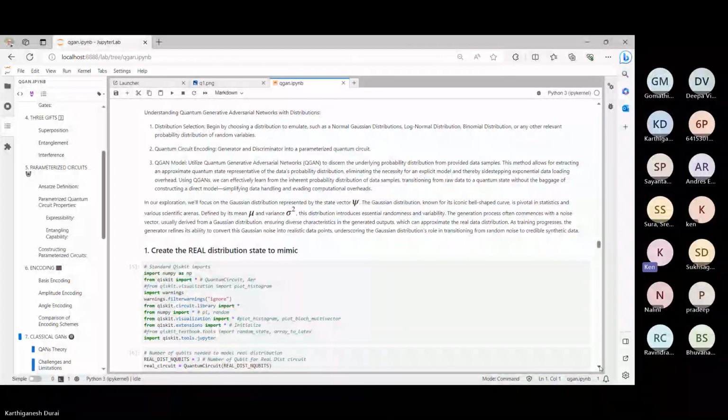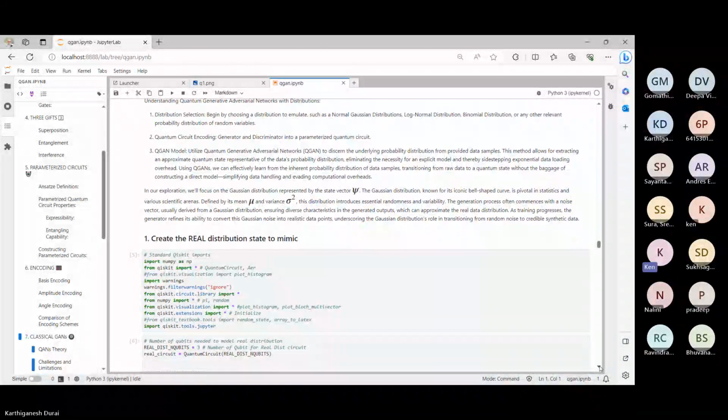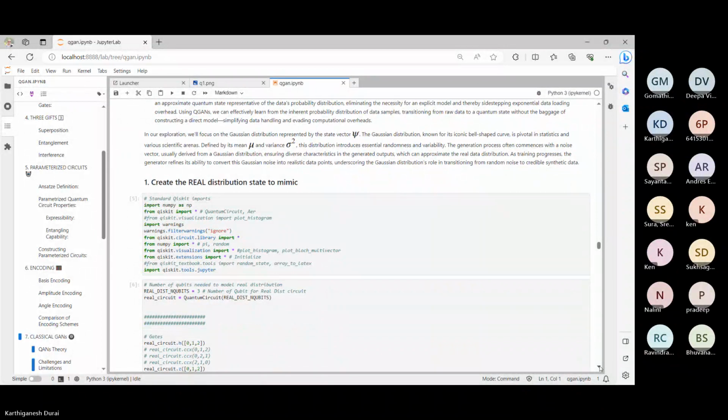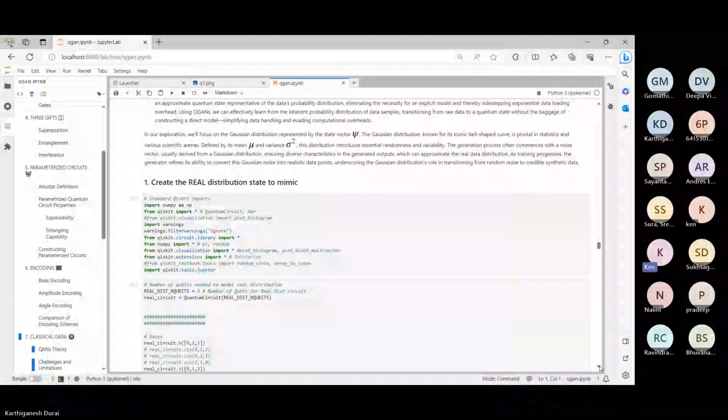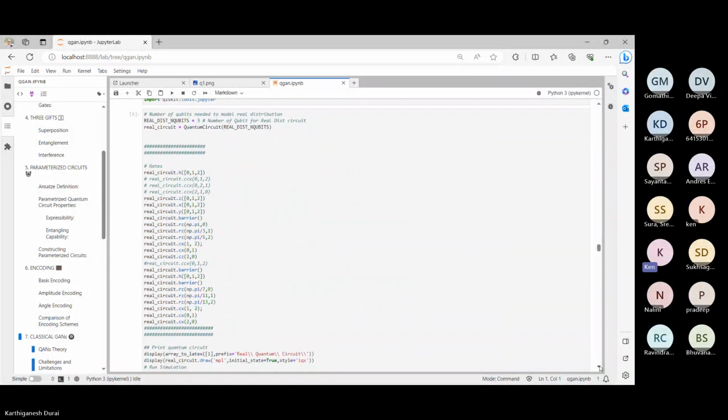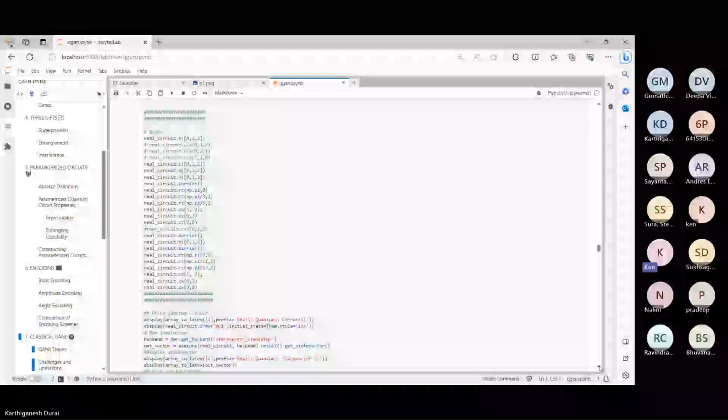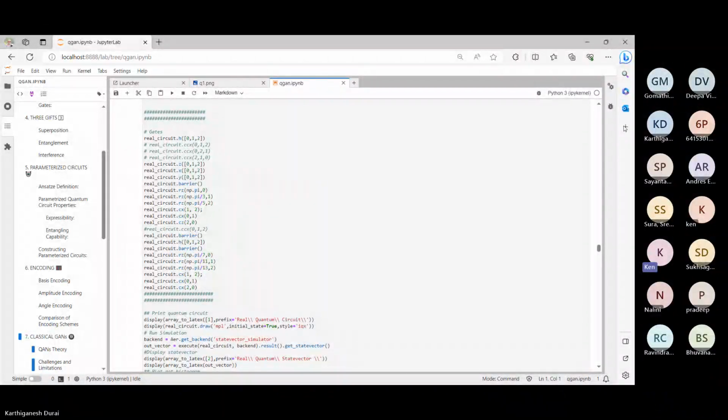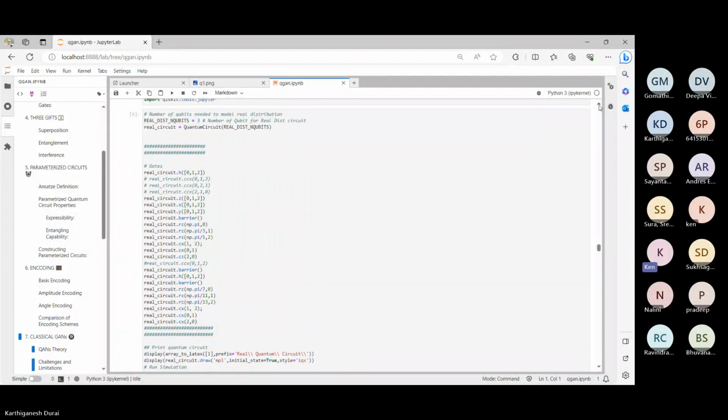Okay, so step one, create the real distribution. Here we'll just import the packages that we'll need. This is the first cell here. If you could scroll down to the second cell, KG. Yeah, and so we have a variable, too high, just a little lower. Yeah, perfect. We have the real distribution here, which is equal to 3.